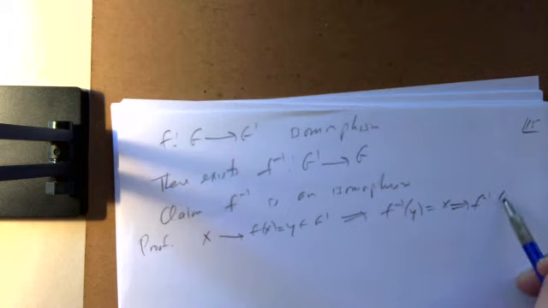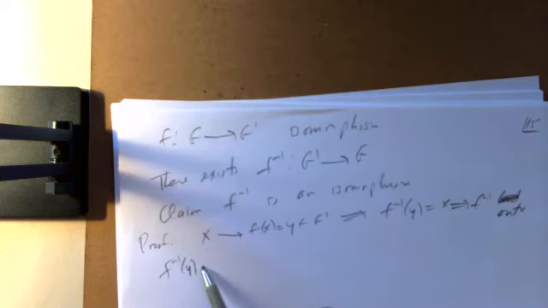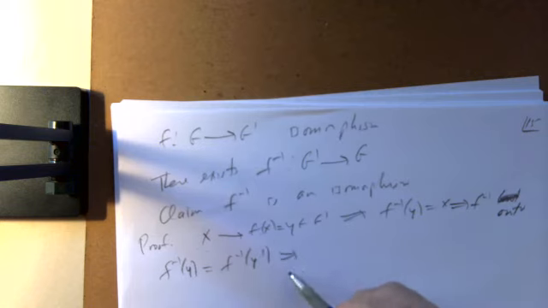So f inverse is onto, right? For any element x in G, f inverse sends f of x back to x. So f inverse is onto. And if f inverse of y equals f inverse of y prime, that means that, so what is f inverse of y?